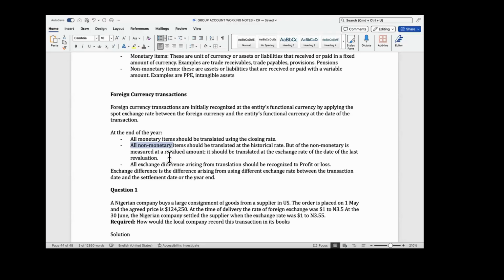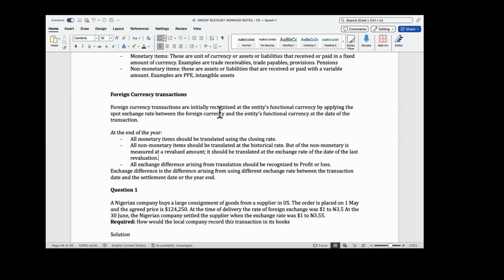And that goes to show that when you buy an asset, a PPE in a foreign country, when you want to enter it in your books, you enter it in your books at the spot rate, the date you bought it. You just get the exchange rate, you use that to translate.